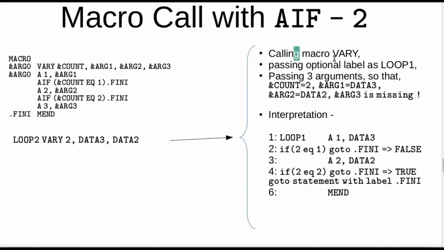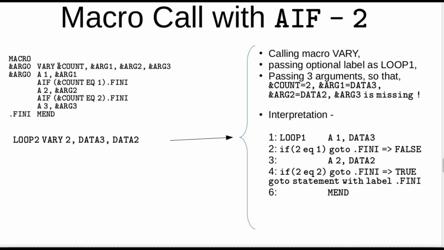Again we are calling the macro called vary, and we are passing the optional label as loop 2 in this case. And we are passing 3 arguments, so that ampersand count is equal to 2, ampersand arg1 is equal to data 3, ampersand arg2 is equal to data 2, and ampersand arg3 in this case is missing.